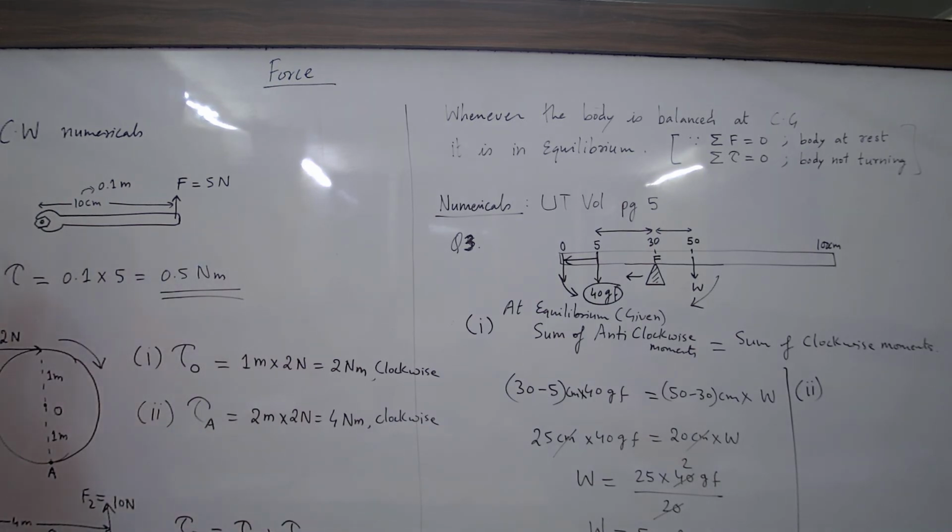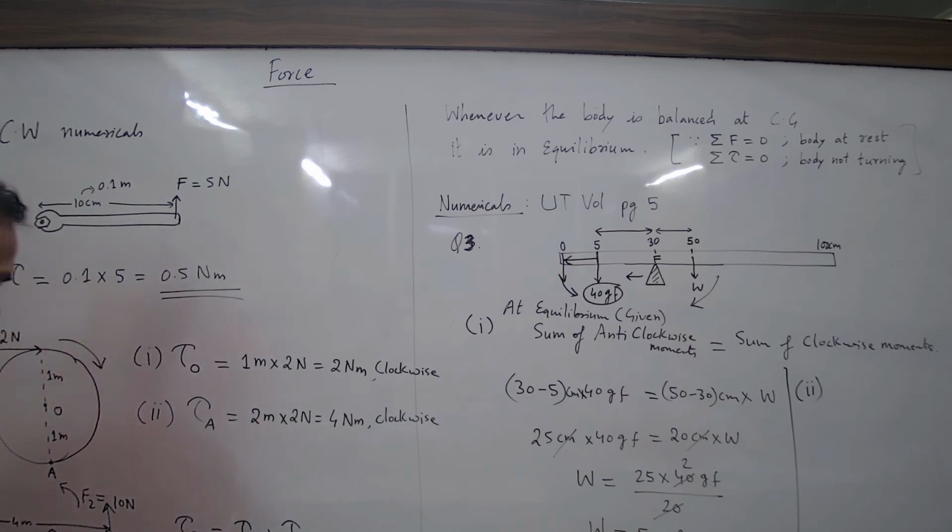So each are turning it anti-clockwise. Moment of force about O due to first force is tau 1. And moment of force due to the second force is tau 2. Okay, so this is the resultant. Tau R is the resultant moment.